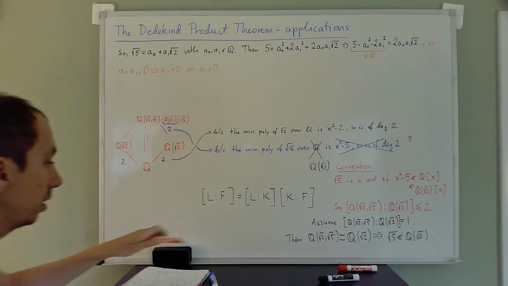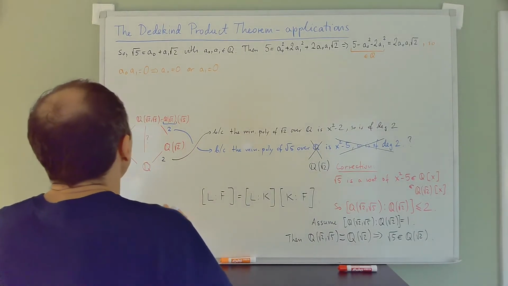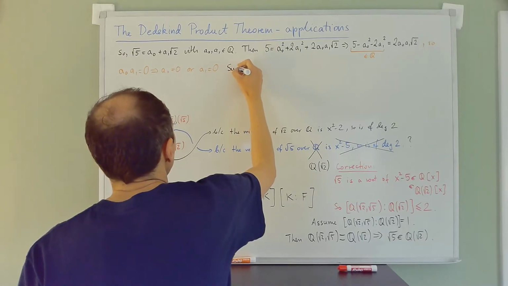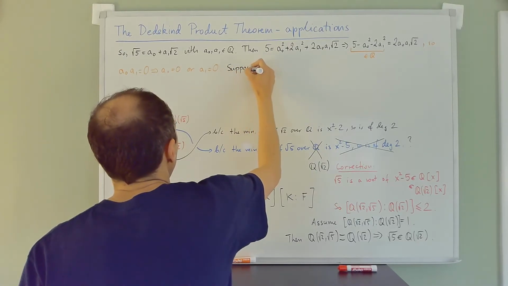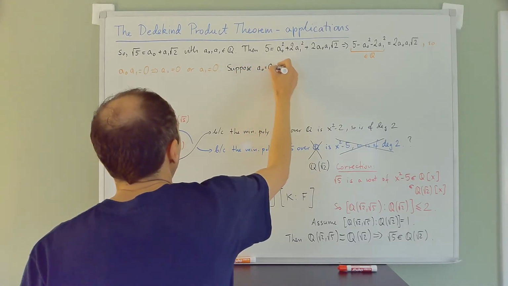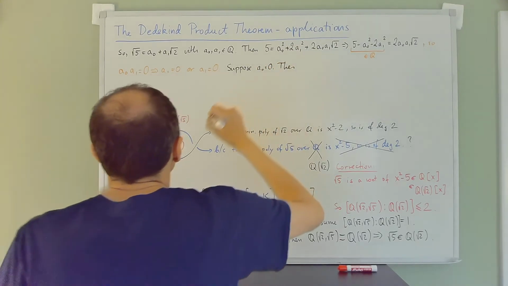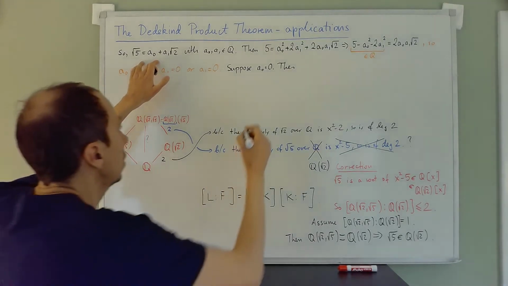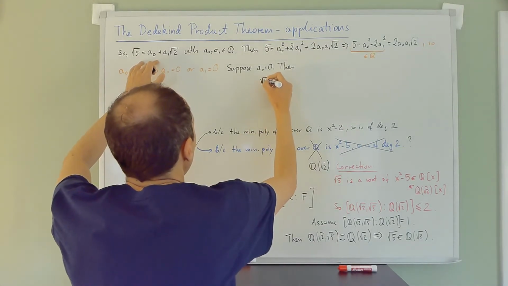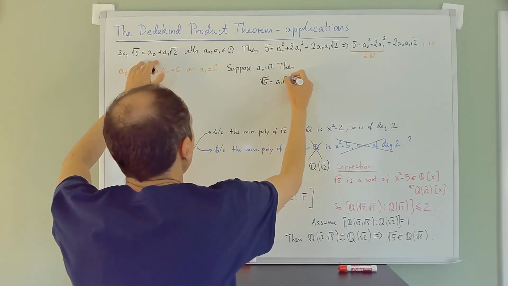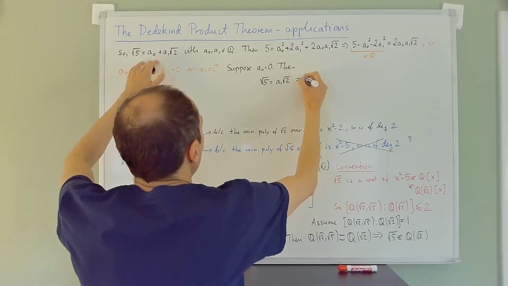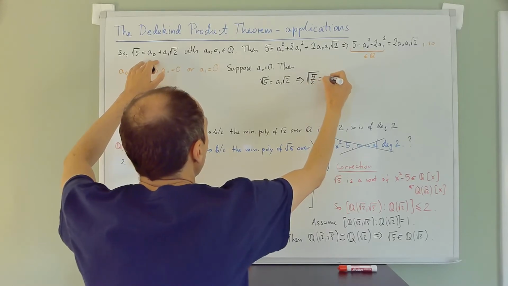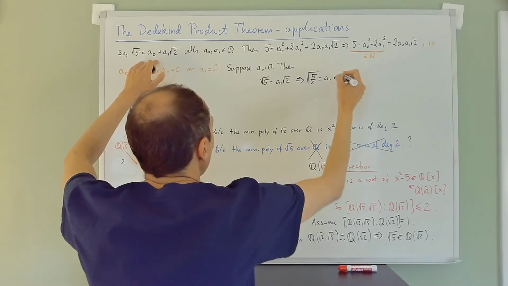Okay, so let's consider these two cases. Suppose a0 is 0. Then look at this. If a0 is 0, that means I have radical 5 equal to a1 radical 2, which implies that radical 5 halves is equal to a1, which is rational.